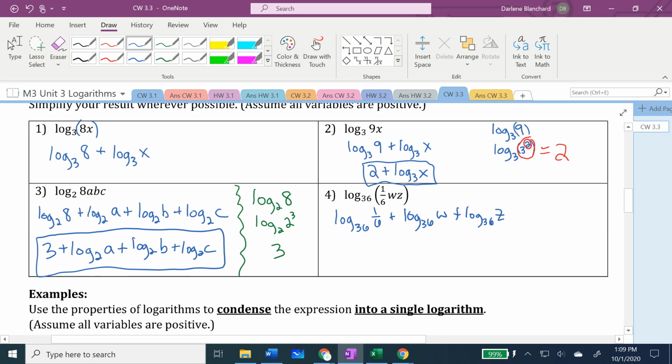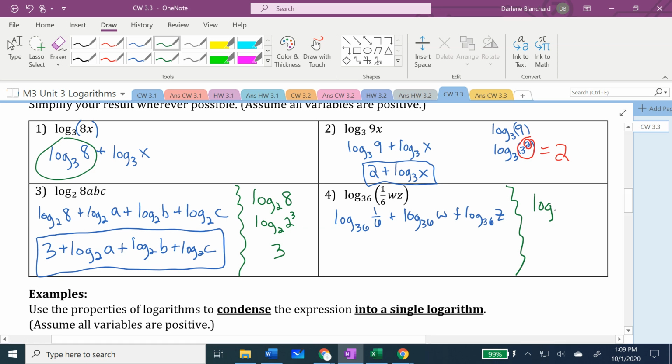Now, log base 36 of 1/6 can be simplified. Again, I'm not going to push this on you in the middle of expanding on a test. But I will push on you things like, hey, what's that simplify to as an entire problem on its own?